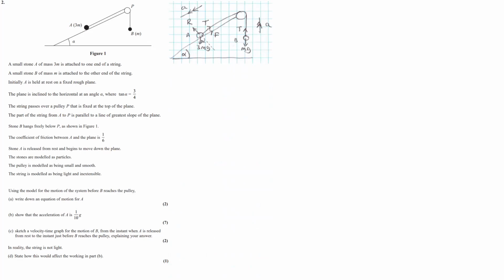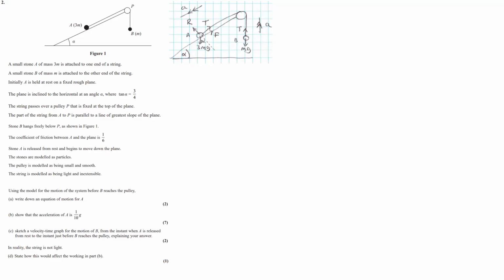But in this question, it's different. It's actually the one on the slope that starts to move down, and the one that's hanging actually moves up. So that's why I did my acceleration in that way. You've got the reaction, the tension, and obviously the friction is going to be opposing the motion. So I've done it in that direction.